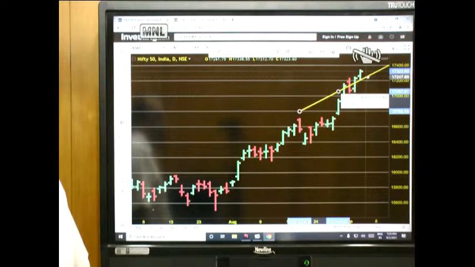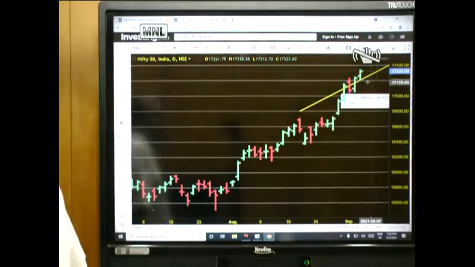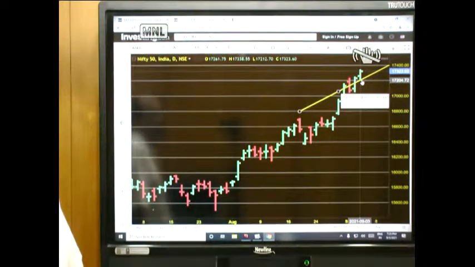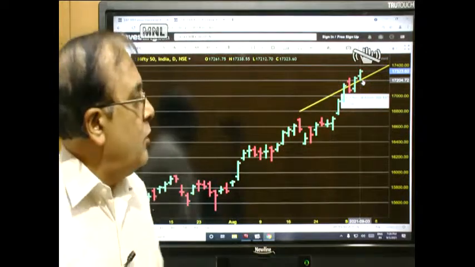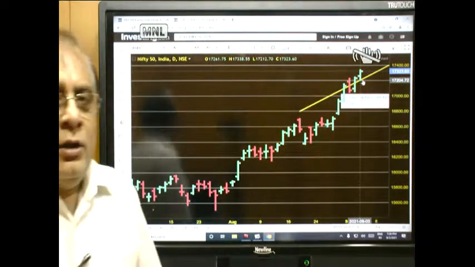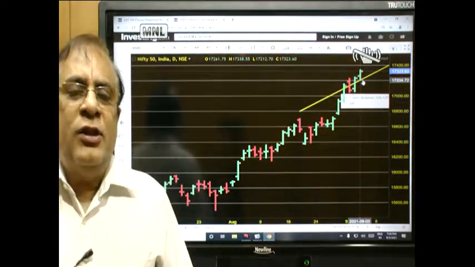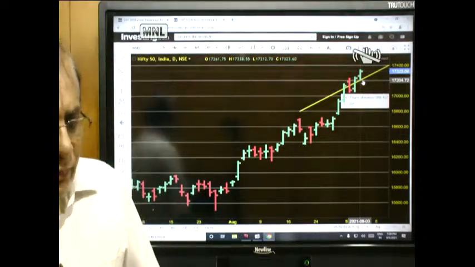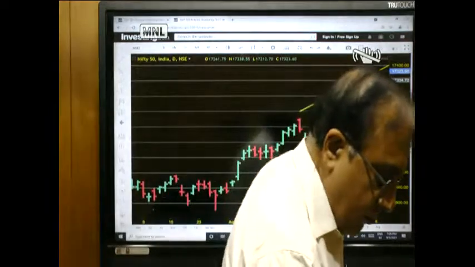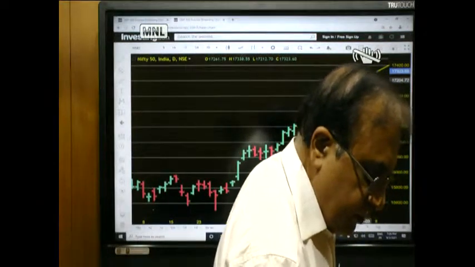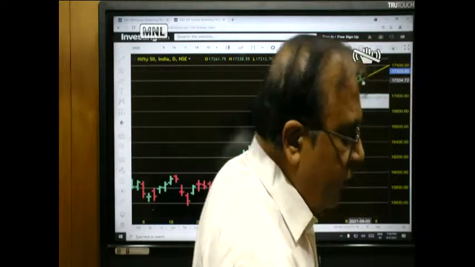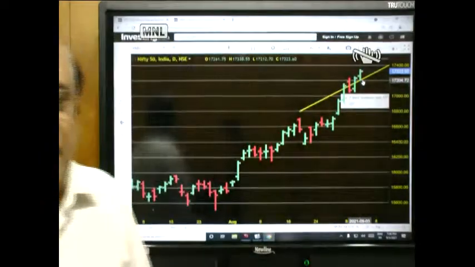So now this is today's low. Today's low is 17,212. So the first support, if the market is going to be looking good, then 17,212 plus 35 points approximately, so you will have a support around 17,247.